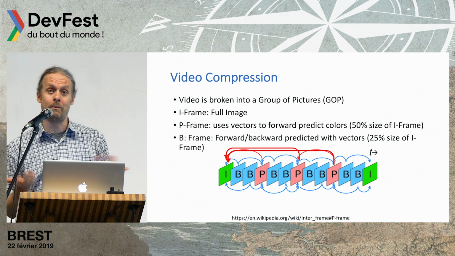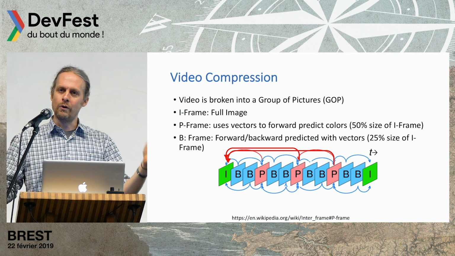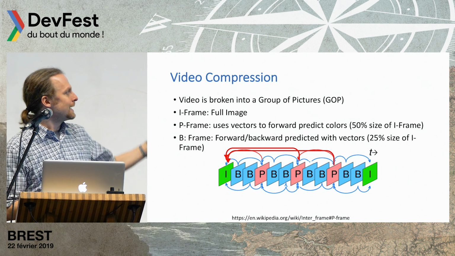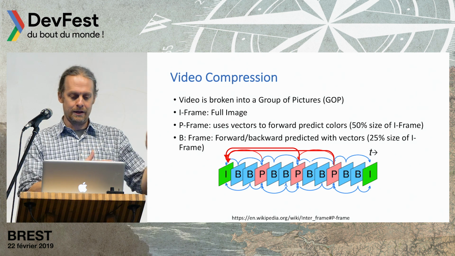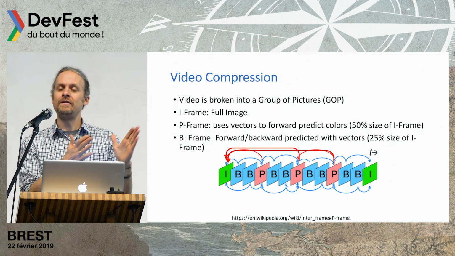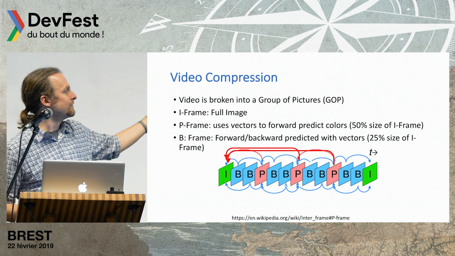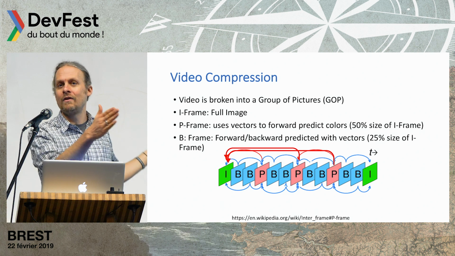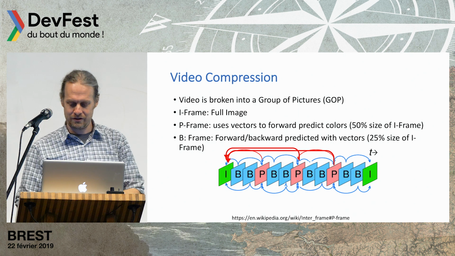The way video is compressed, really briefly, is that every video is broken into a group of pictures, and the I-frames in green are the full image. The P-frames in the middle, pink here, are about 50% the size of an I-frame. And then the B-frames are 25%, and you might have 3 or 4 B-frames in between all of those. And there's all sorts of really fun math that they do with vectors.